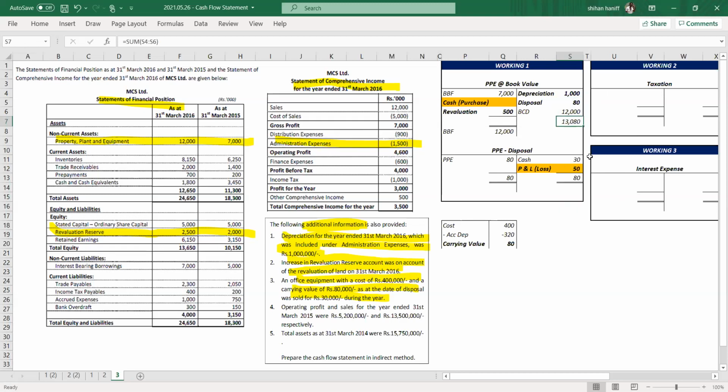Credit side total is 13,080 minus, how much did we buy? 5,000. 5,580.